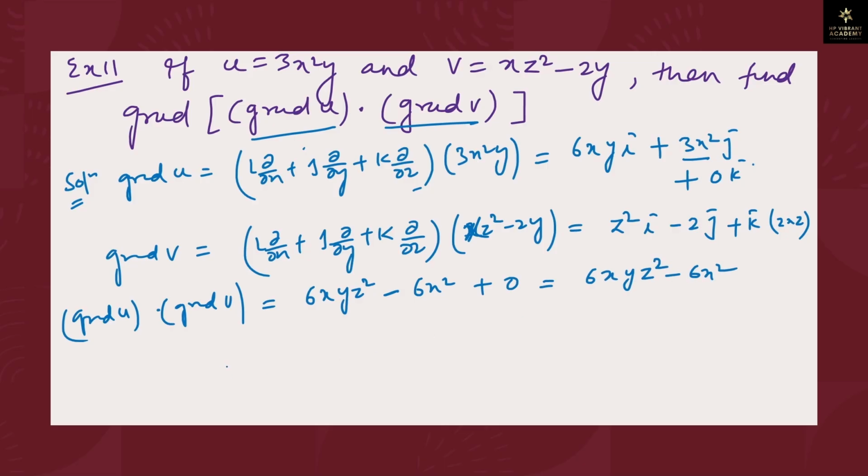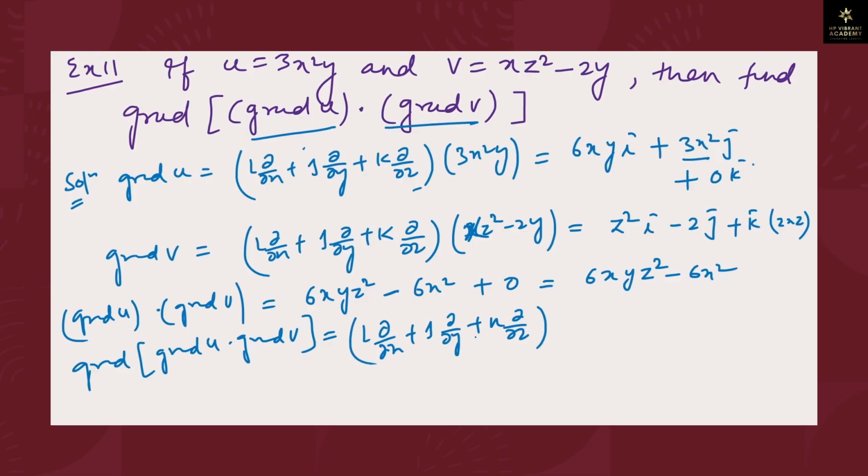Okay, now let us take the gradient of u dot gradient of v. Let us take the del operator, i del upon del x plus j del upon del y plus k del upon del z times of this, 6xyz square minus 6x square. So let us take del upon del x with this one.